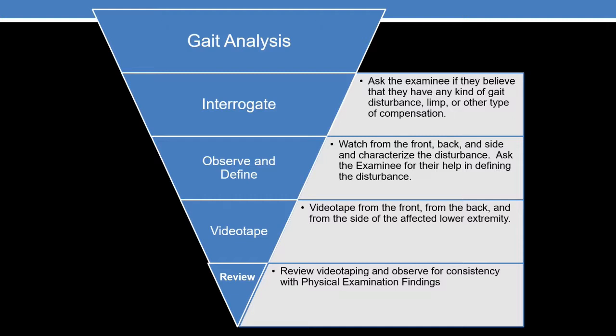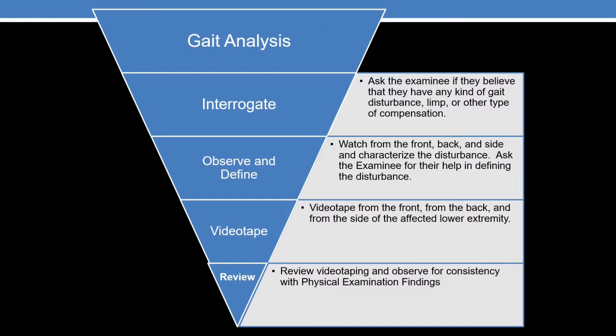The gait analysis begins with an observation even before you meet the injured worker in the examining room. It begins with your initial observations of them moving from the waiting room to the examining room. Then it proceeds with interrogation, where you ask the examinee if they believe that they have any kind of gait disturbance, limp, or any other type of compensation. Next, observe and define the disturbance.